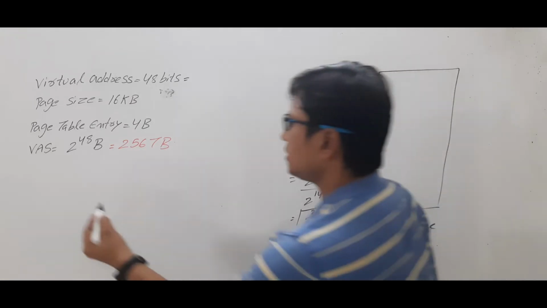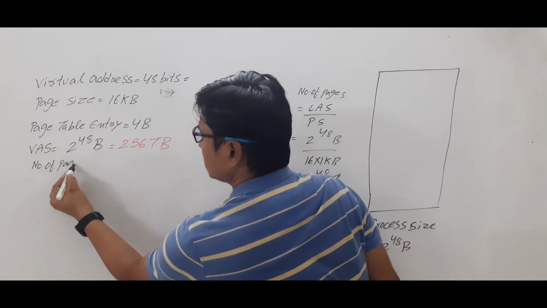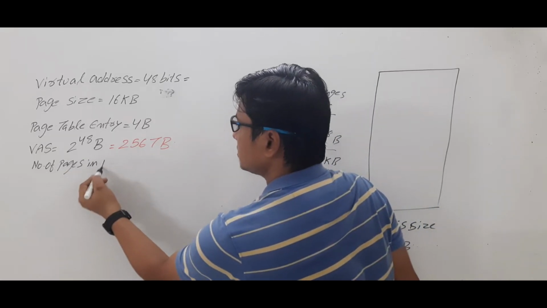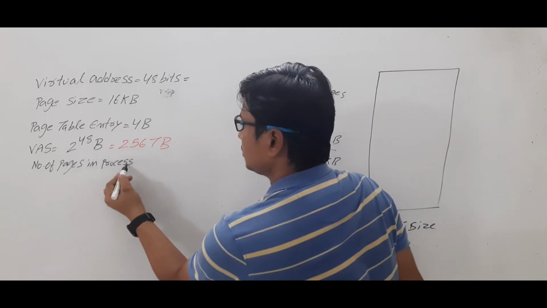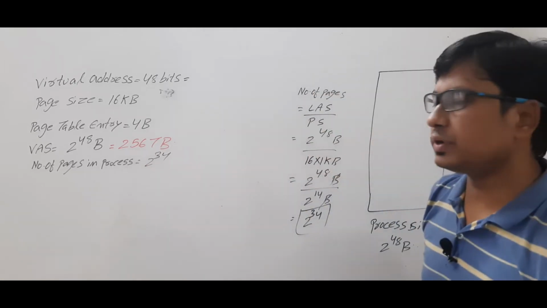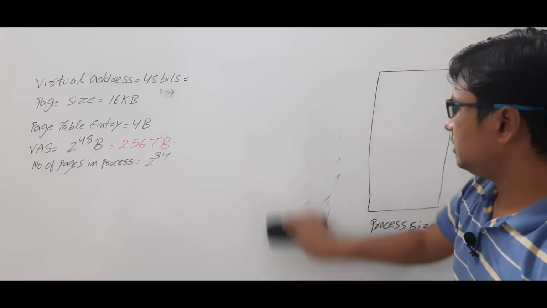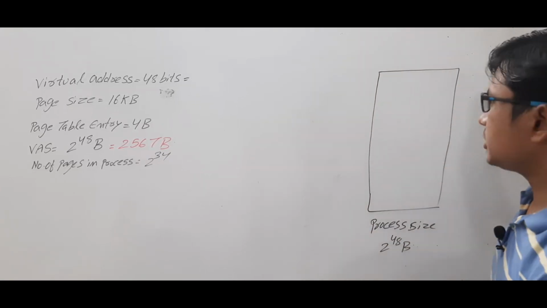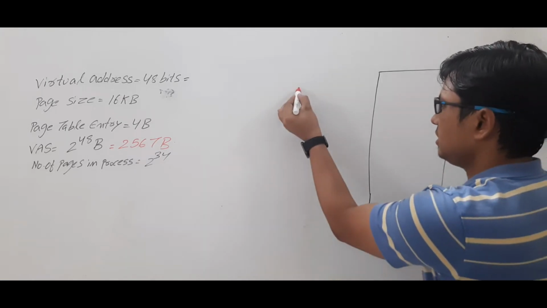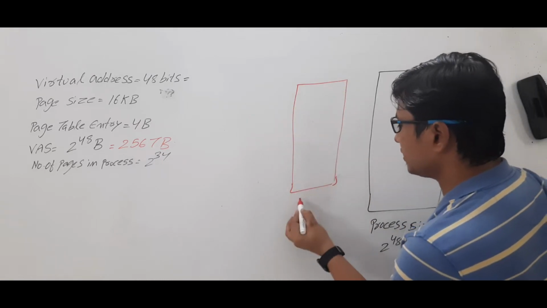So the number of pages in the process is equal to 2 power 34. Okay, are you able to understand? If you have 2 power 34 pages, whatever page table you create for this process will have that many entries. Let's consider that this is your page table 1.